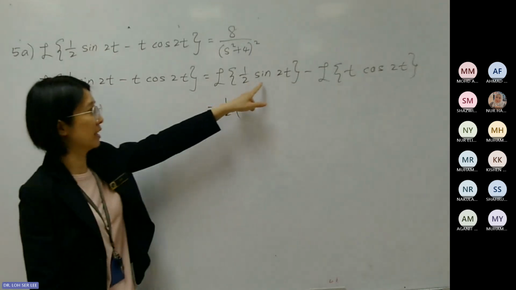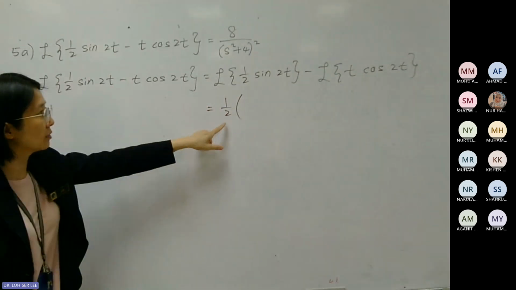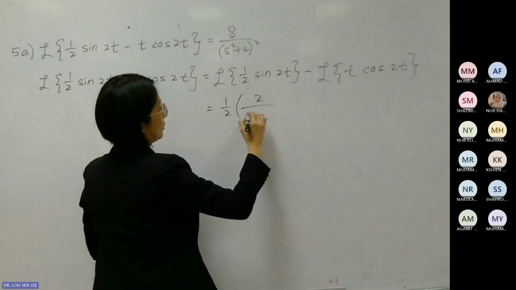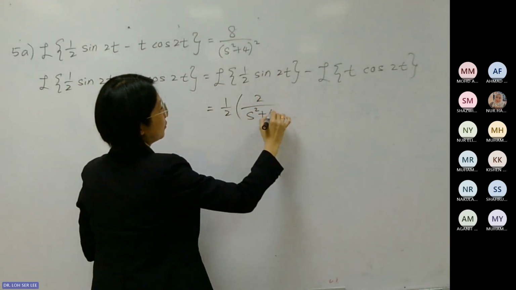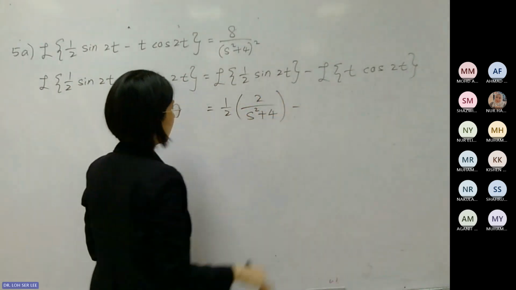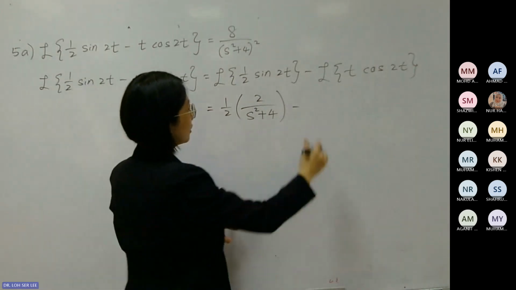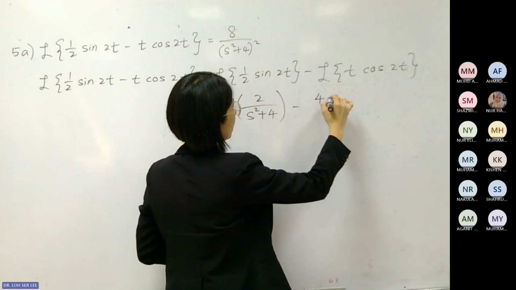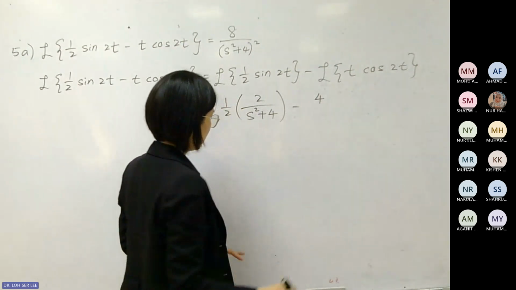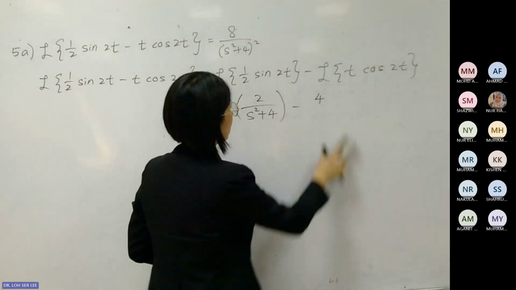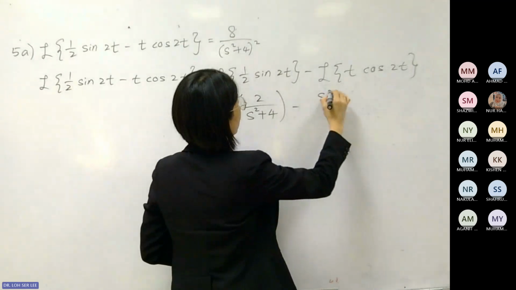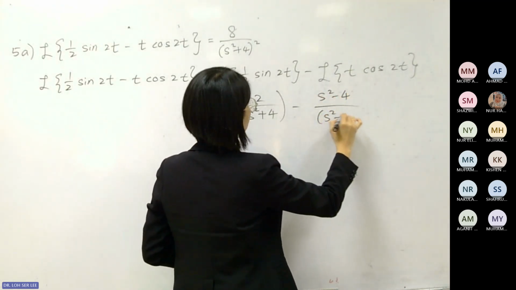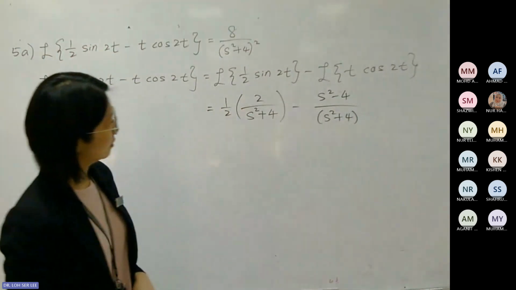Laplace of half sine 2t. Factorize the half. Laplace sine 2t is 2 over s squared plus 4, minus s squared minus 4 over (s squared plus 4) squared.